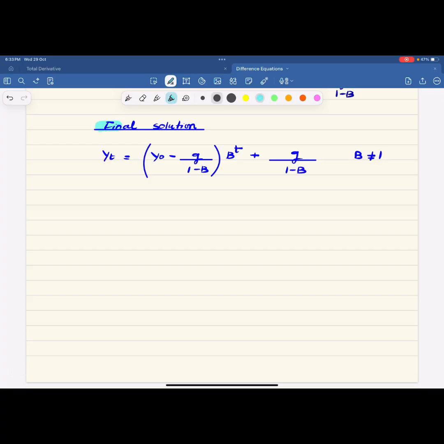For this model to be stable, we need this series to be convergent in the long run.